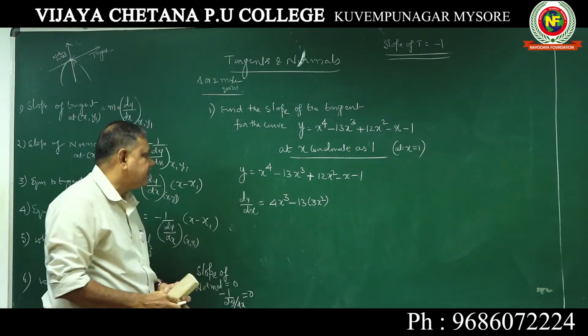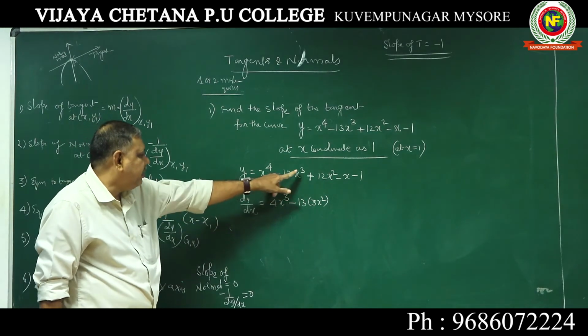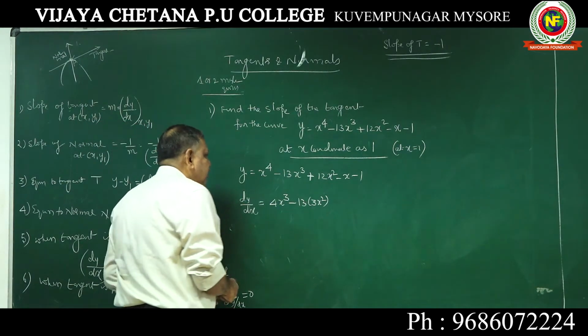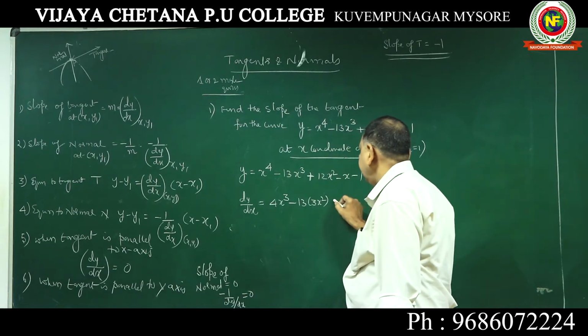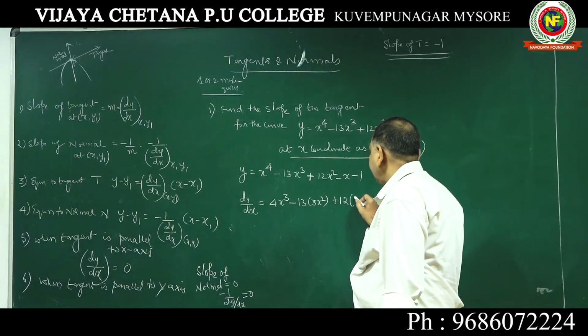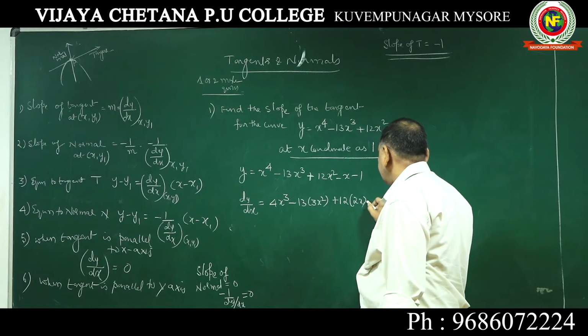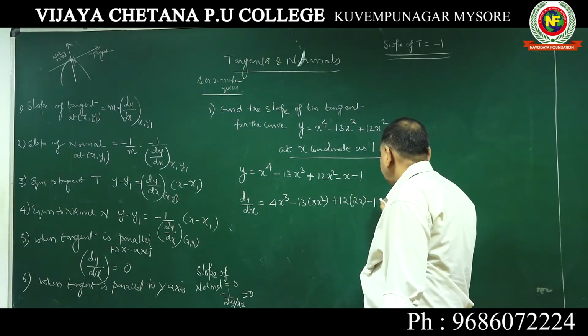You can straight away write 39x square if you want, otherwise keep 13 as it is and write x square in the next step. 12 into 2x, x square differentiation is 2x, minus 1, x differentiation is 1, and the constant is 0.